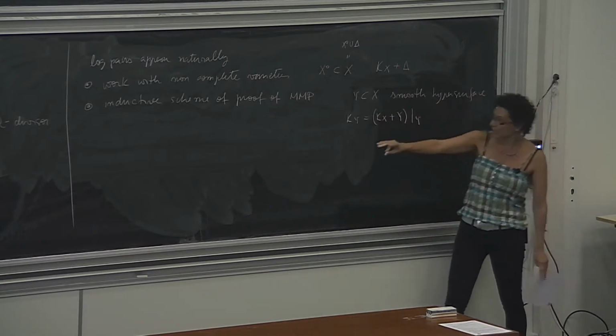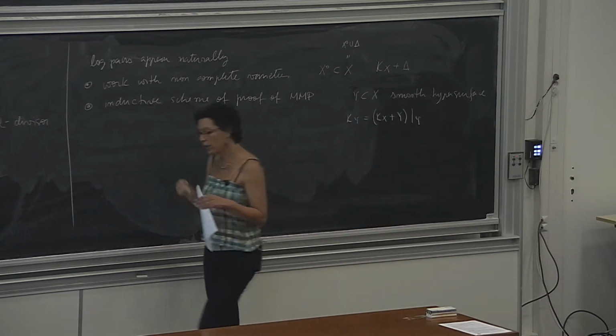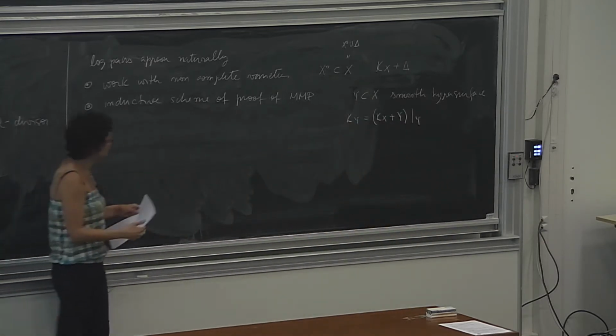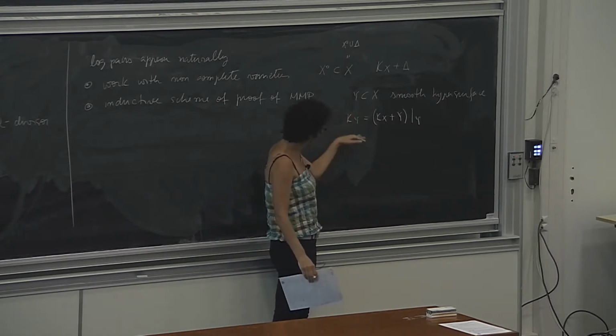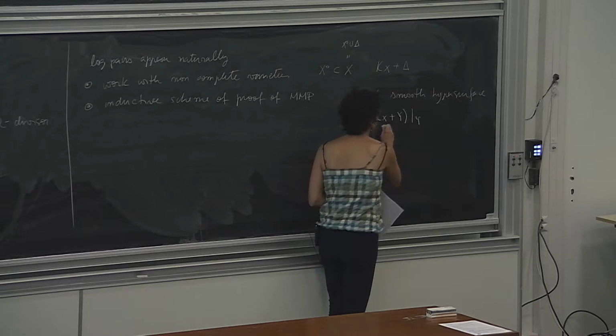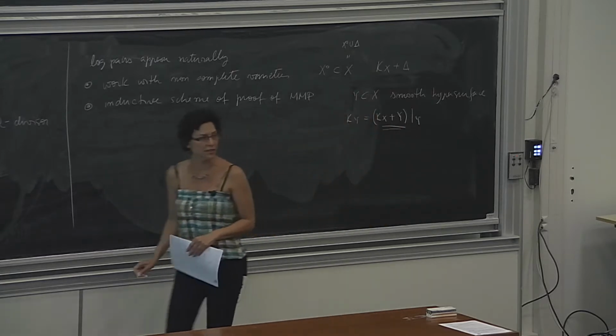And so the proof of MMP runs by induction on the dimension. In this sense, when you run induction and you restrict to a subvariety, you see that a pair naturally occurs here.